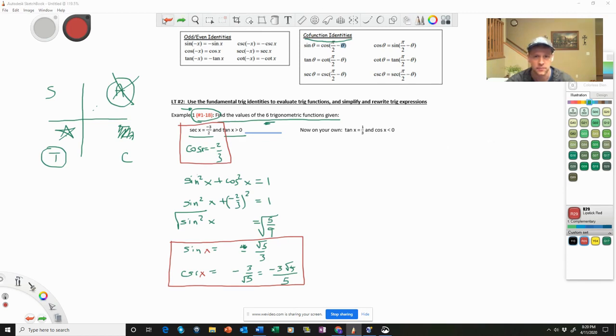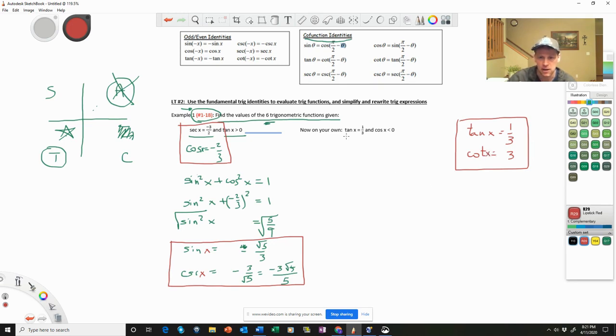All right, that's good. So we know that the tangent of x is 1/3. And we know that the cotangent of x is therefore 3/1. So we know those two, and that's part of it.